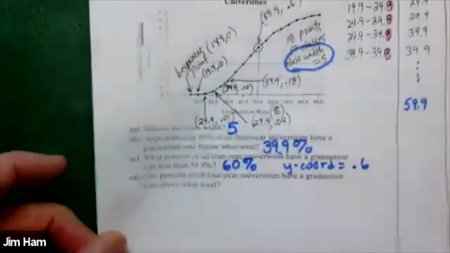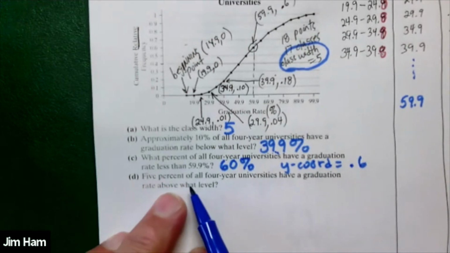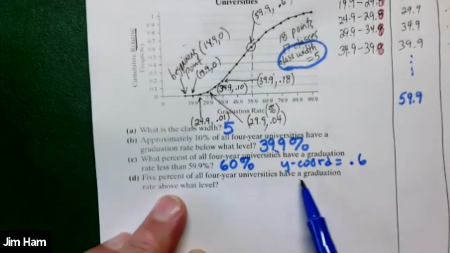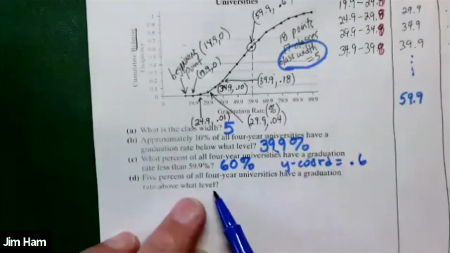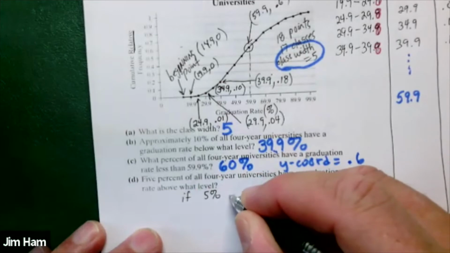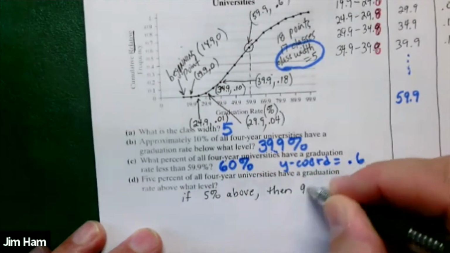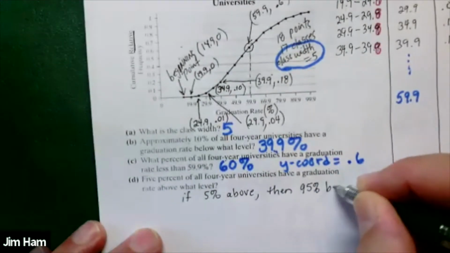All right. And finally, the last one. Sometimes they'll ask you questions where you're going the other way: what percentage of 4-year universities have a graduation rate that's greater than something as opposed to less than something? All right, let's see how you would do that. 5% of all 4-year universities have a graduation rate above what level? If 5% are above, then 95% are below.